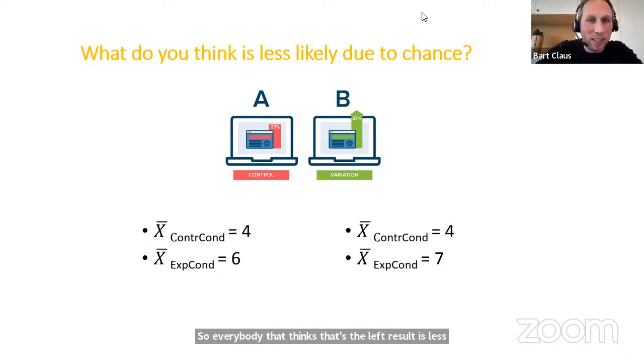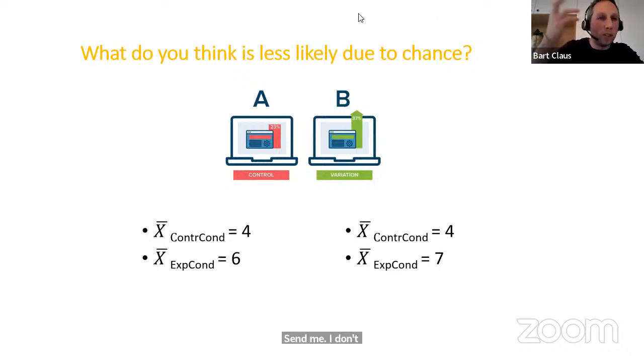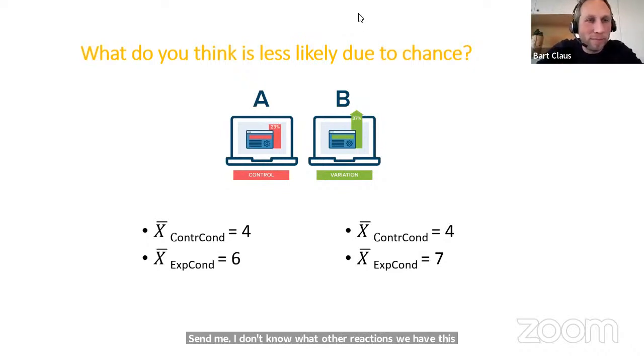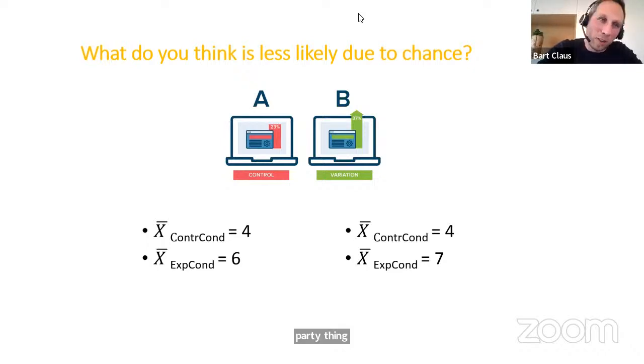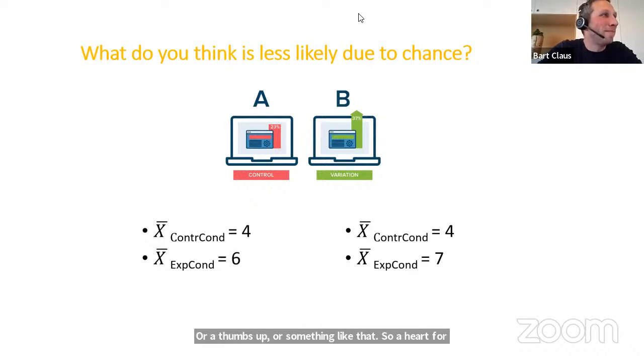And everybody that thinks that the right result is less due to chance, send me, I don't know what other reactions we have, this party thing, or a thumbs up or something like that. So a heart for the left one and something else for the right one. I see some party things.